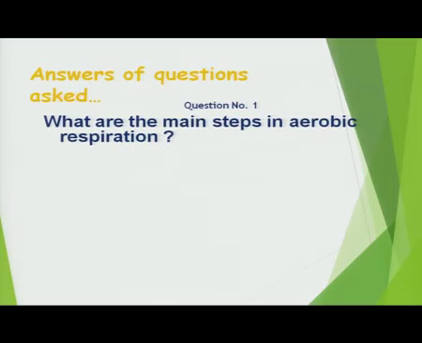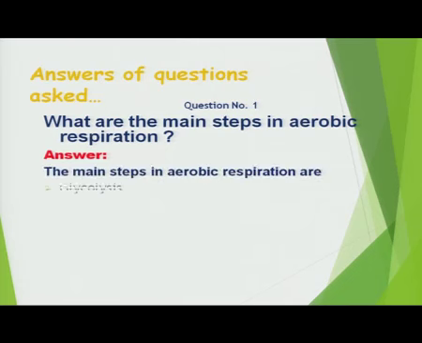The answers to these questions are: the main steps of aerobic respiration, which take place in the cytoplasm as well as in the mitochondria, are glycolysis, also called the EMP pathway, where one glucose molecule is converted into two molecules of pyruvic acid.